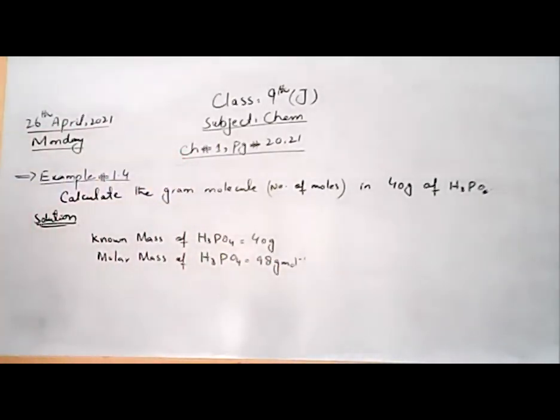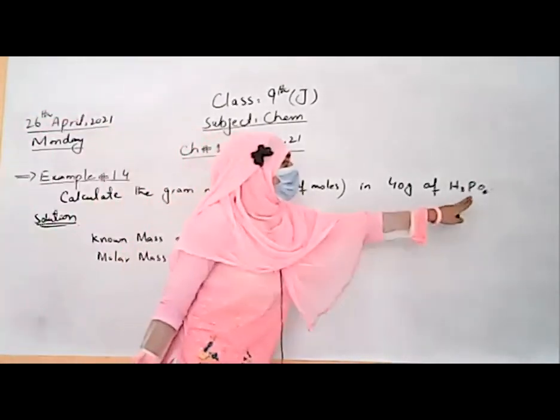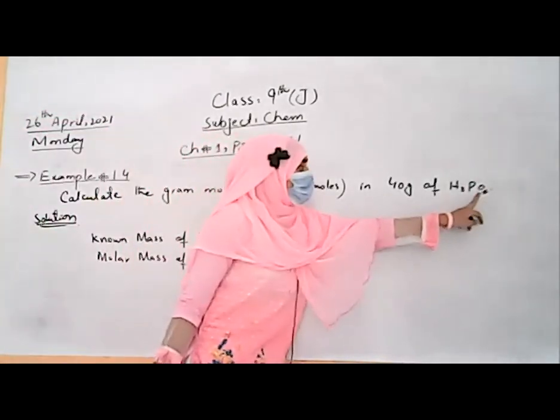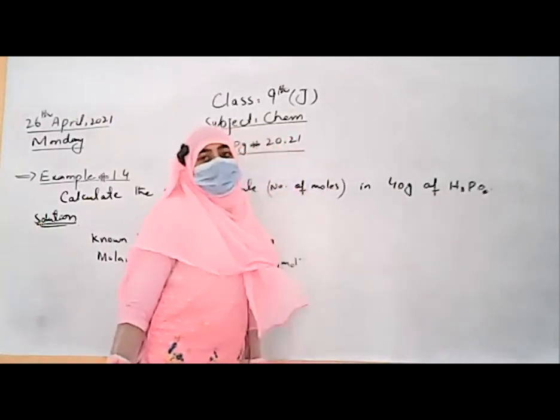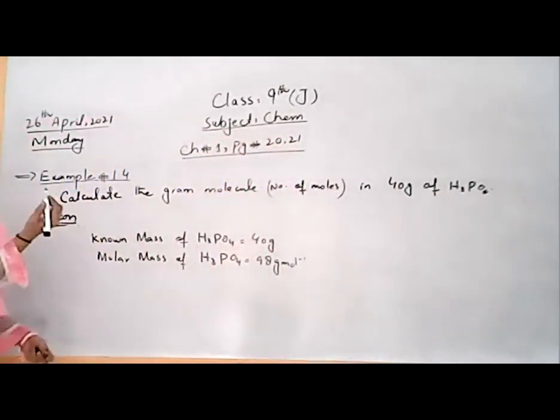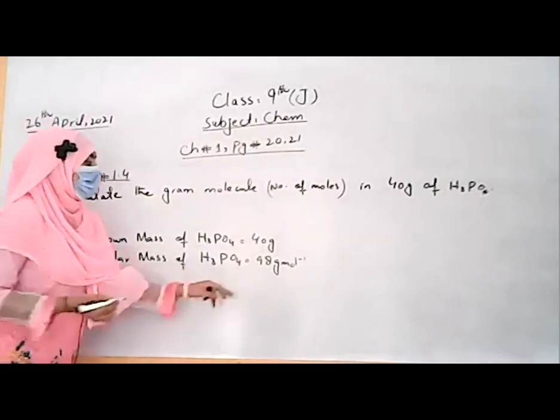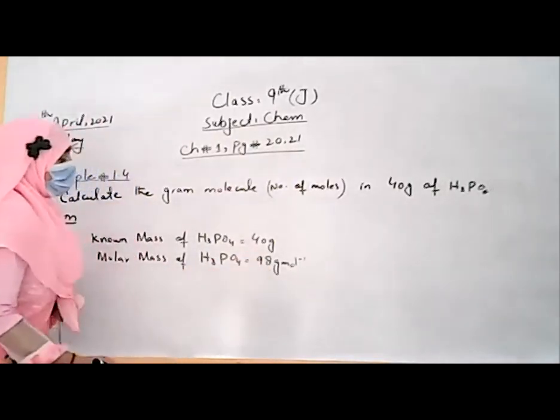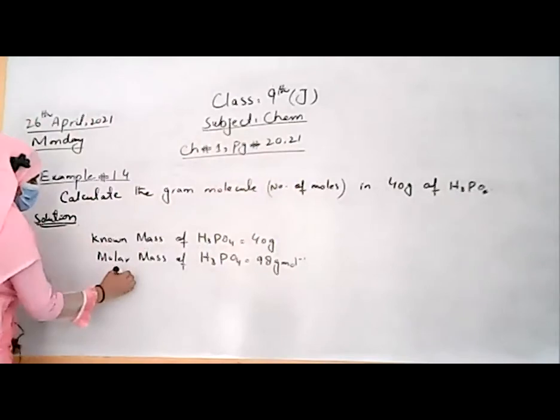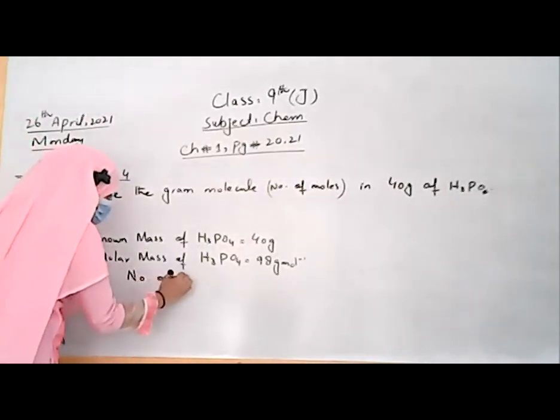Phosphorus 31, plus 3 for hydrogen, plus 16 for 1 oxygen, and there are 4, so 16 times 4 is 64, and then plus all the remaining. The answer is 98 gram per mole. Now find the number of moles.